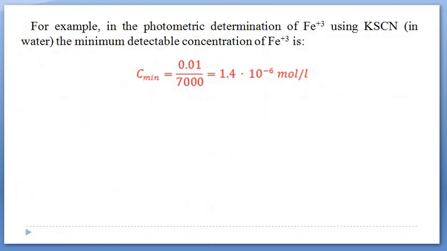For example, in the photometric determination of iron 3+ using potassium rhodanide in water as a solvent, the minimum detectable concentration of iron we can find from the equation C minimum is equal to 0.01 divided by 7,000, and we find the value, which is equal to 1.4 multiplied by 10^-6 mole per liter.